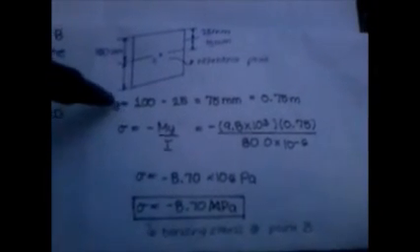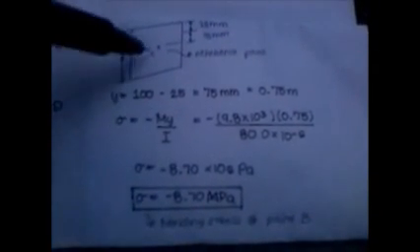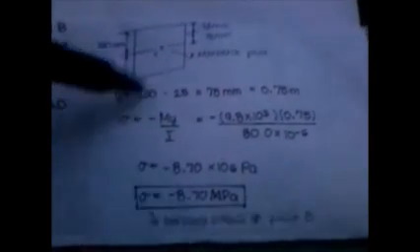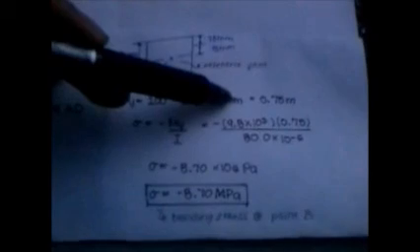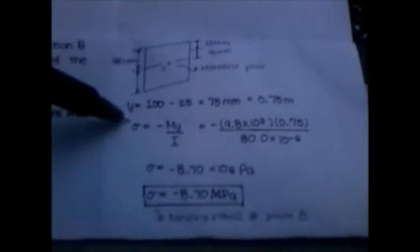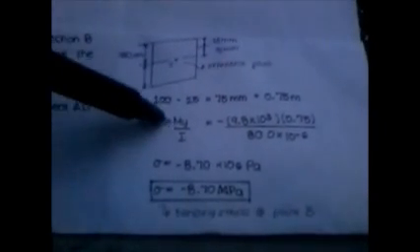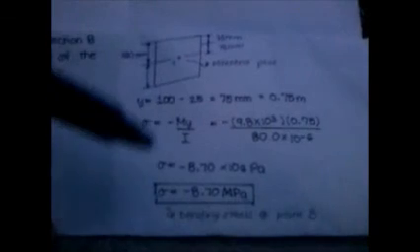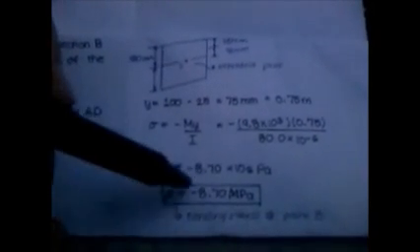Solving for y, which is the distance from the reference point, 100 minus 25 is equal to 75 millimeters. Then, substituting into the flexure formula, the negative symbolizes that the point of interest lies above the neutral axis. This yields a bending stress of negative 8.70 megapascal.